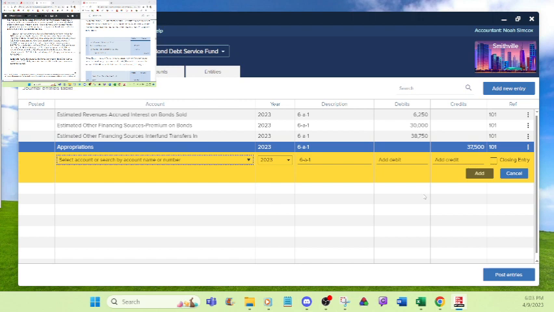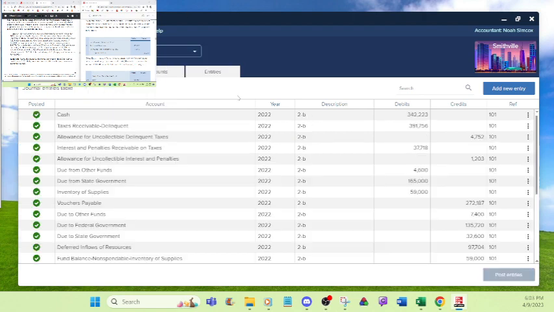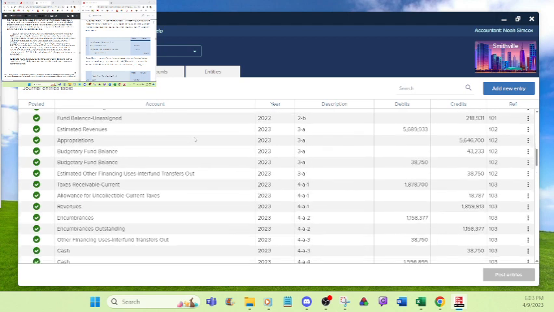That's it. So now we have a giant gap here. Is it supposed to be budgetary fund balance? Like how we did in the general fund. Didn't we do that in the general fund?